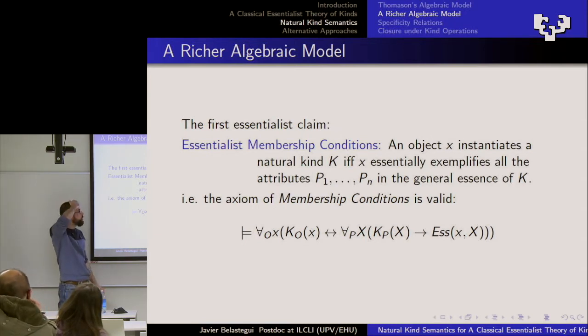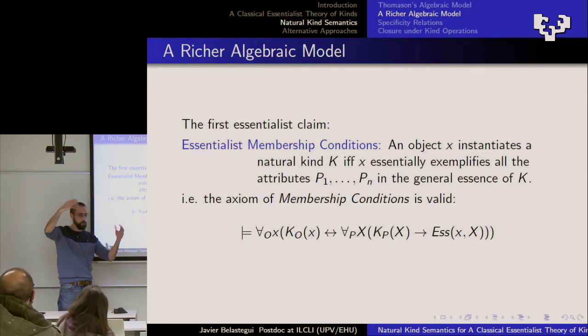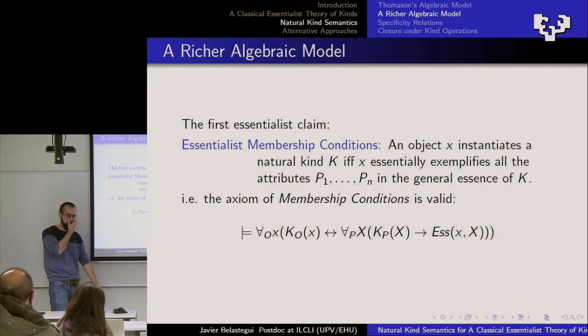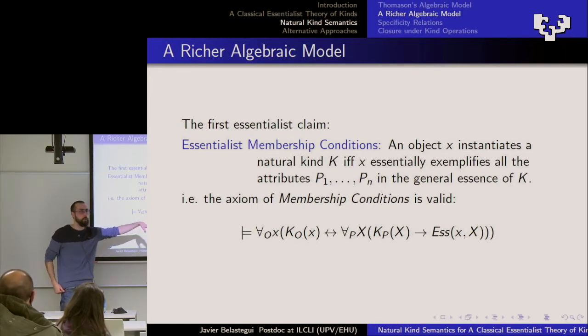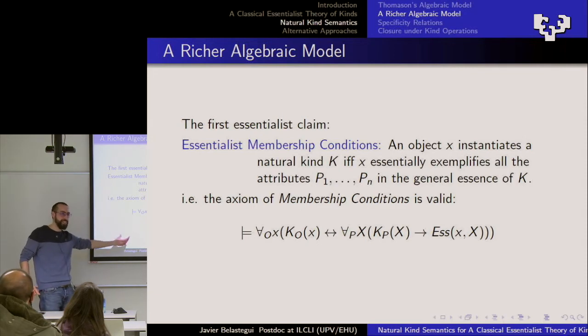Because they would say an object need not have all the properties that we associate with the kind, maybe because there are some causal mechanisms that make these properties go together. This is Boyd's theory. And so they would reject this axiom. So there's no way you can reinterpret this to get a causal theory of kinds.